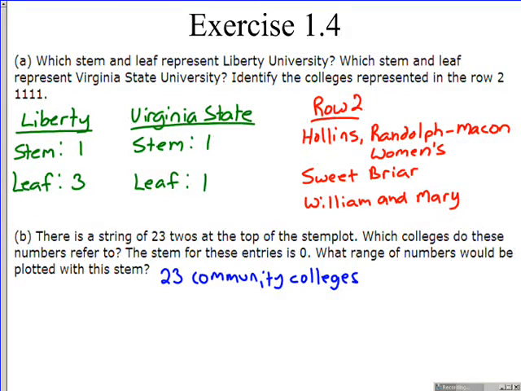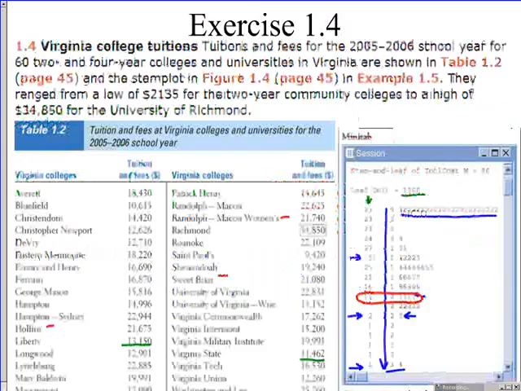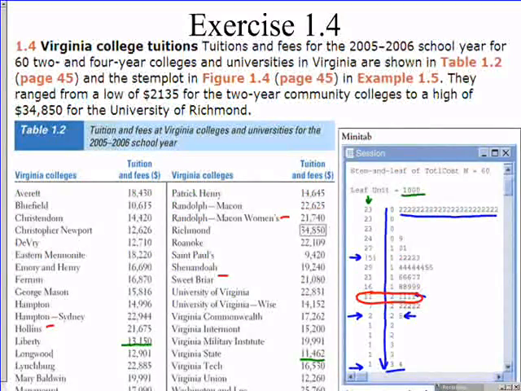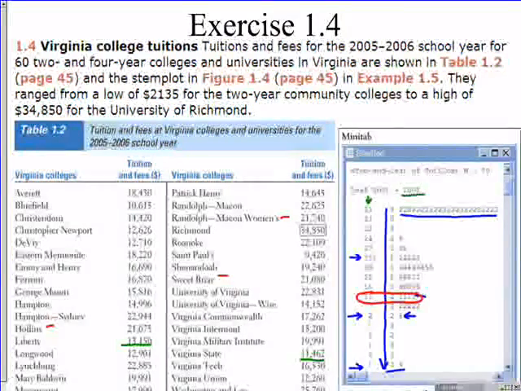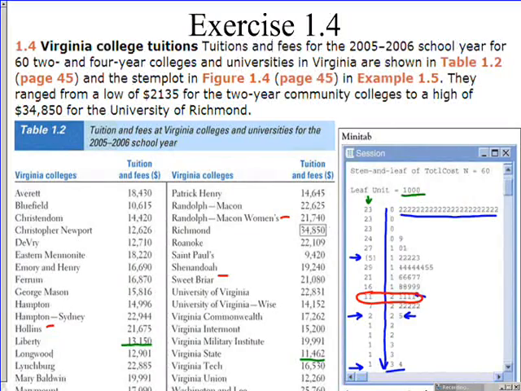The range of values that would be plotted within that stem are all schools costing between, and now what dollar ranges are represented here? Well, it looks like each stem, if we look down further, 1, 2, 3, 4, 5 ones, 1, 2, 3, 4, 5 twos.